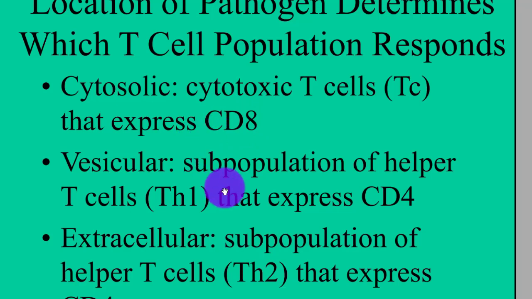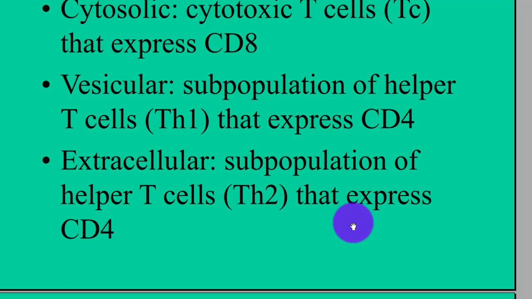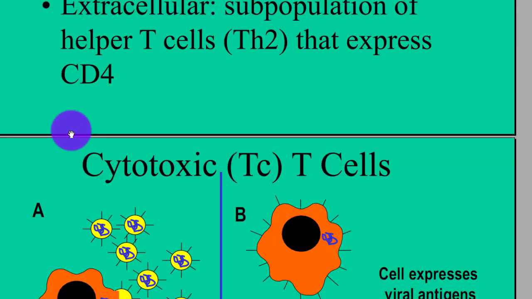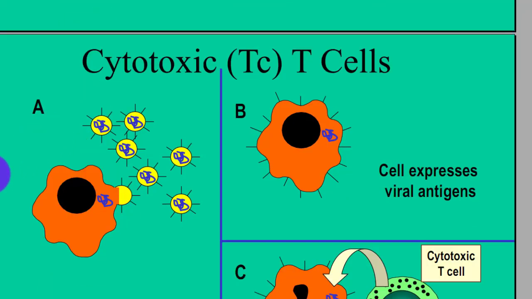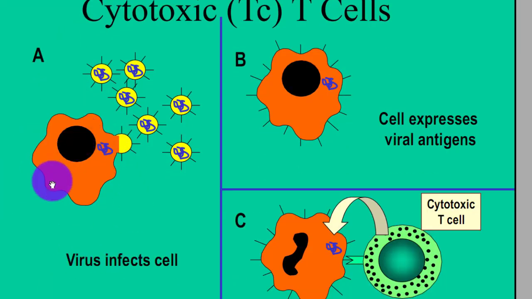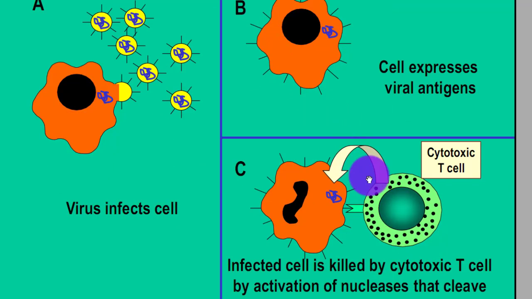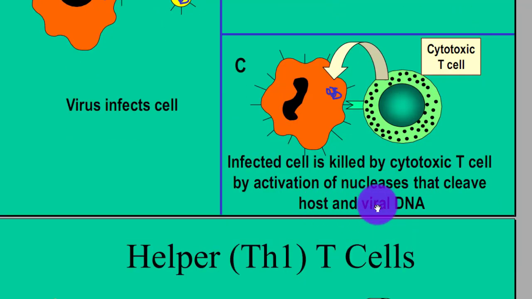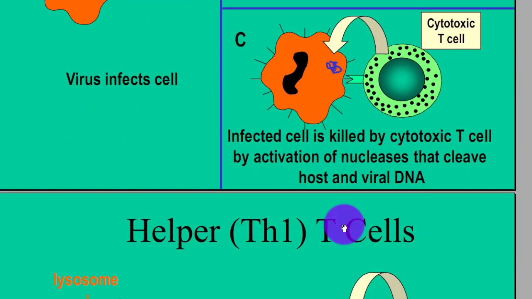Vesicular: a subpopulation of helper T cells, T helper 1, that express CD4; extracellular: a subpopulation of the helper T cell, T helper 2, that express CD4. Cytotoxic T cells: here the virus-infected cells express viral antigen outside, and the infected cell is killed by the cytotoxic T cells by activation of nucleases that cleave host and viral DNA.